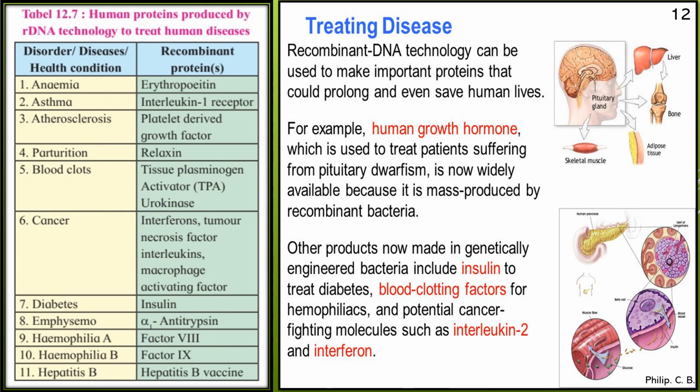For cancer, interferon, tumor necrosis factor, interleukins, macrophage activating factor. Diabetes, insulin; emphysema, alpha-1 antitrypsin; hemophilia A, factor 8; hemophilia B, factor 9; hepatitis B, that is the hepatitis B vaccine. Again, I put an image showing how the treatment of disease takes place.